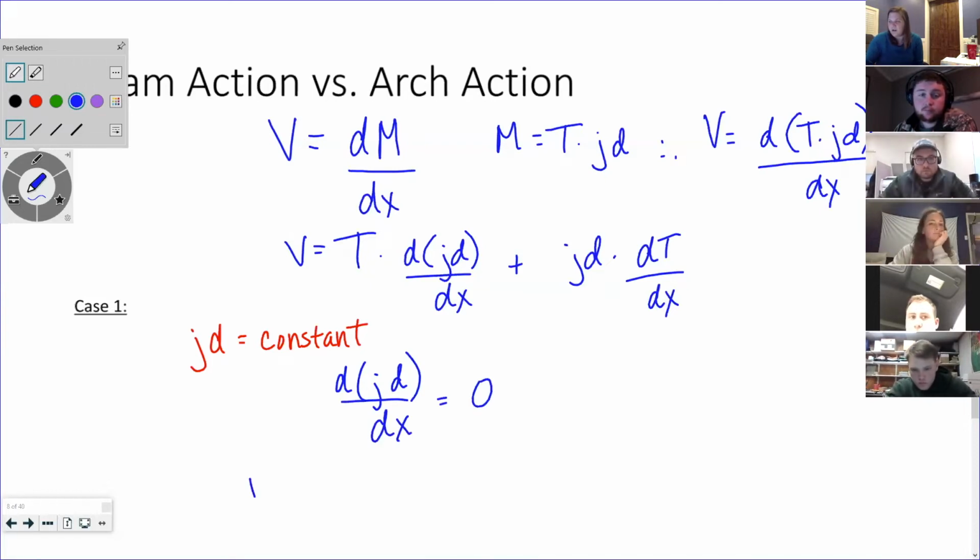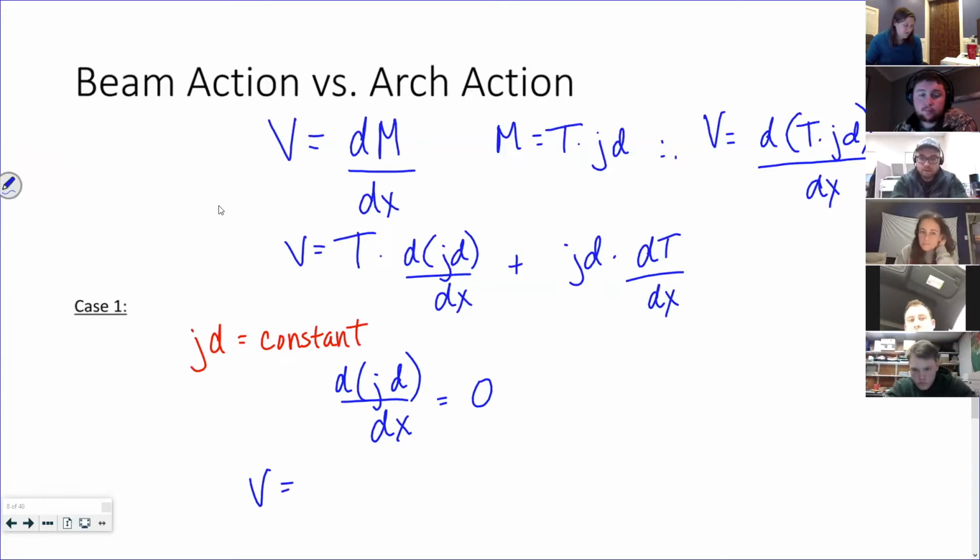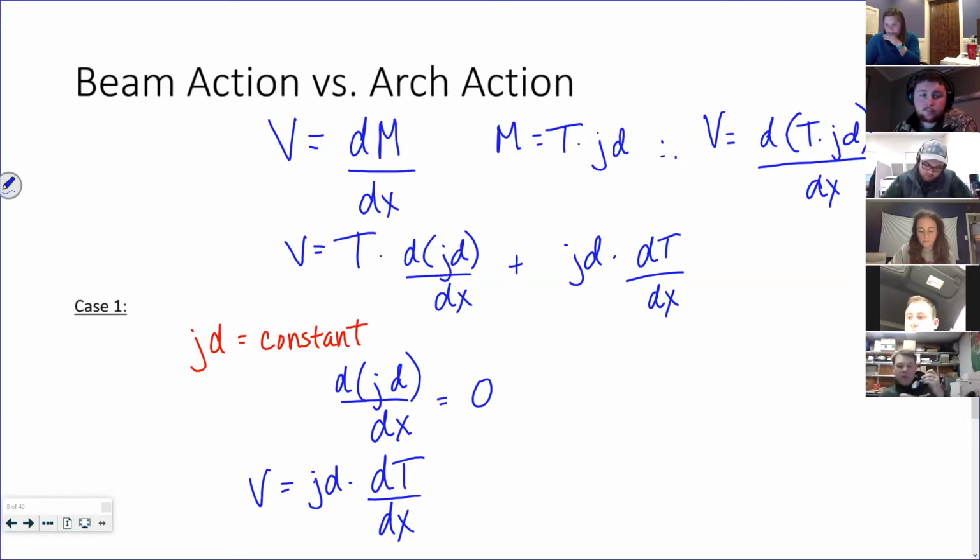So my shear is just that constant times the derivative of my tensile force. This is what you would expect from a regular beam, right?